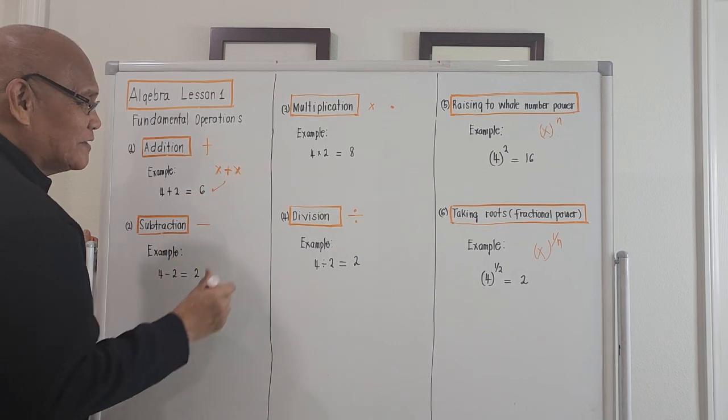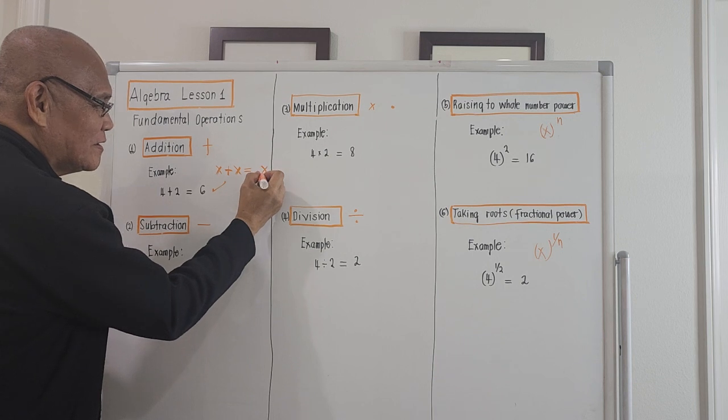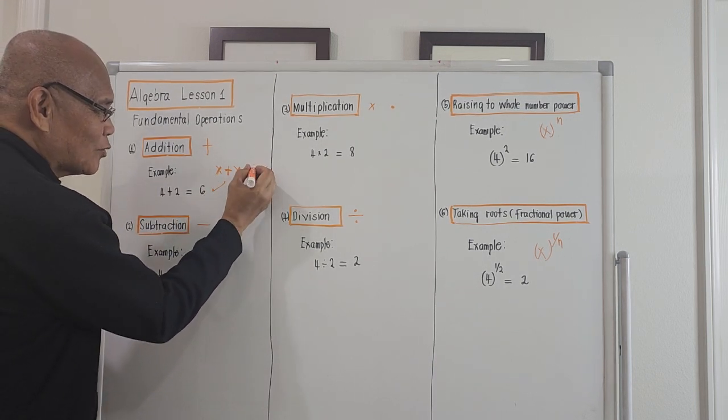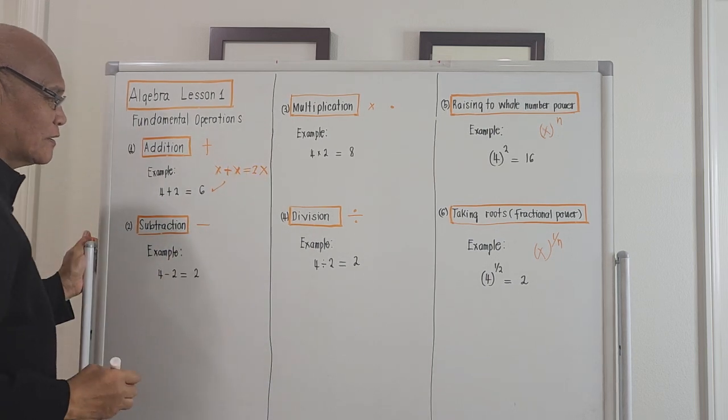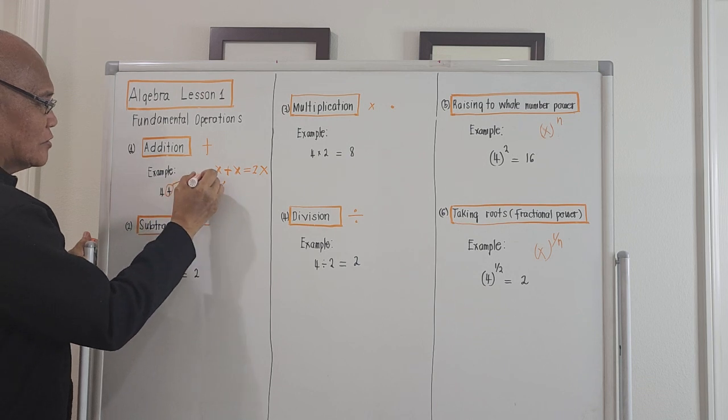They are similar, so it will be an x. Since they are similar, we count each, so 1 plus 1 will be 2x. So the operation here is actually addition.